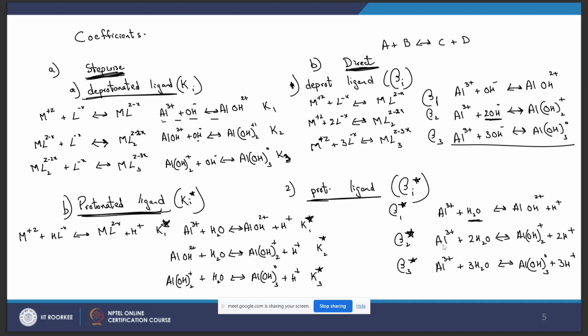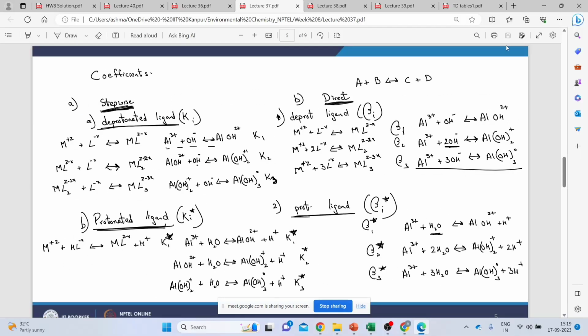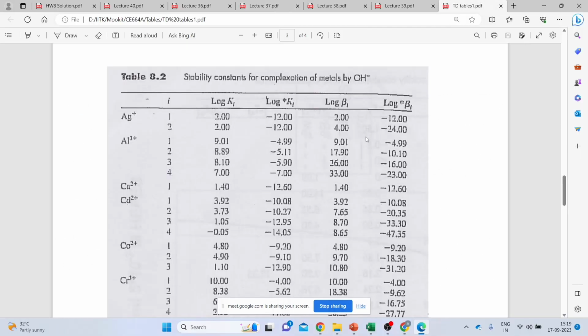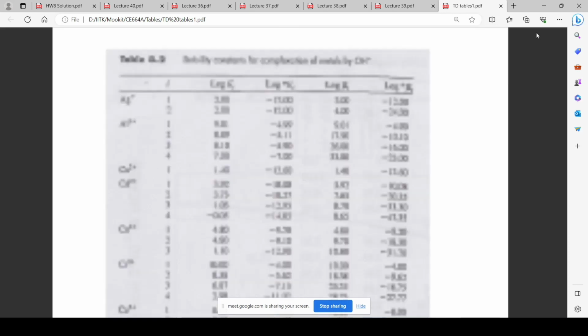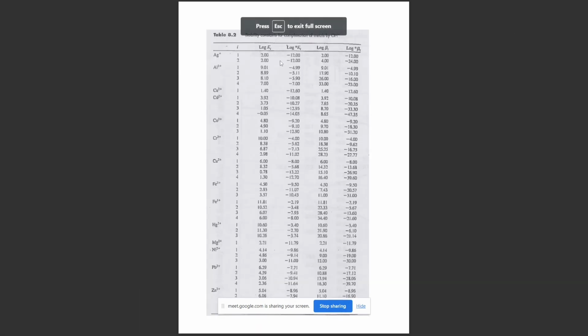So this is very important. Suppose we have been given a table like this, and we have to select the values. So we know that log K is for the deprotonated form. Next is K star. It is for the protonated form, and next is log beta, and next is log beta star.